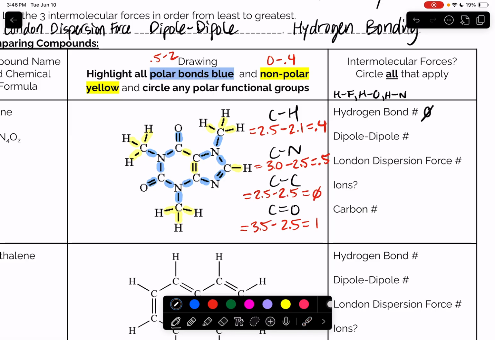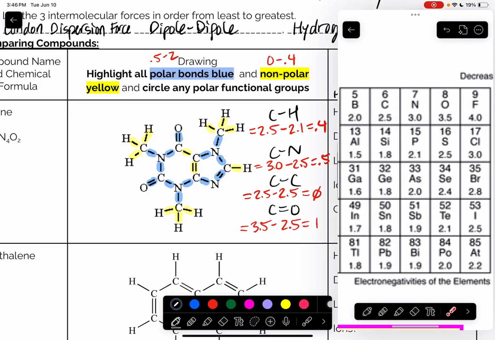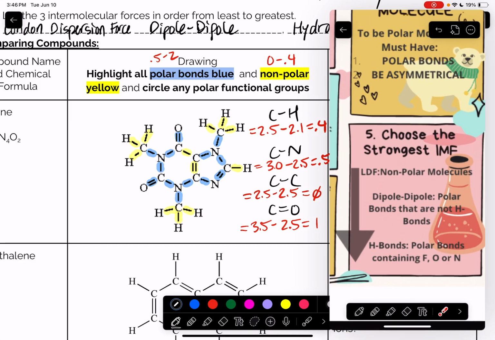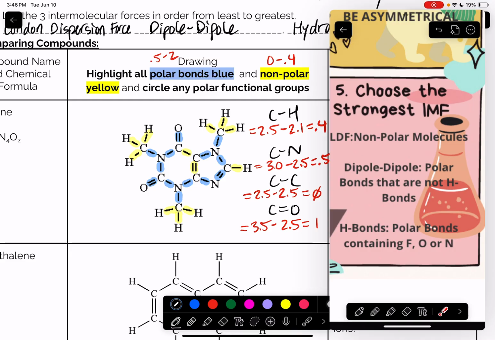So remember, if we don't have hydrogen bonds, that means that our polar bonds have to be dipole-dipole. Let me bring up this chart again to show you. These are for our polar bonds. If we don't have H bonds, all our polar bonds are going to be dipole-dipole.